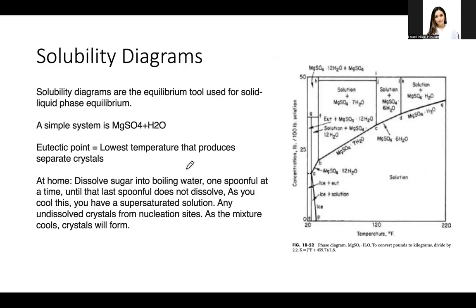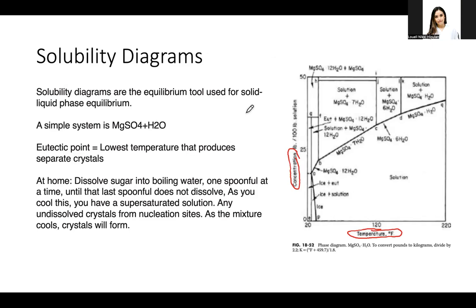So in the system, as you can see, it is a solution or liquid at higher temperature. On your y-axis, you have the concentration, and on your x-axis, you have the temperature in Fahrenheit. If you increase the temperature, the system becomes liquid in phase.